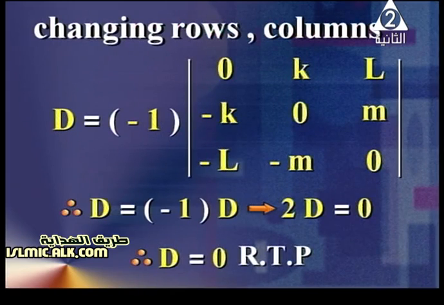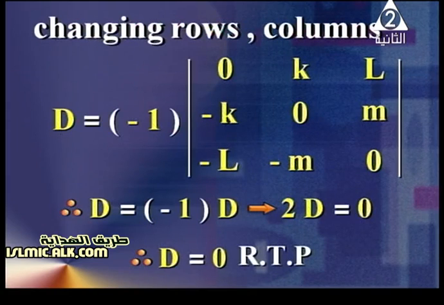Dear student, in this example, after taking negative 1 as the highest common factor, the determinant is 0, negative K, negative L, K, 0, negative M, L, M, and 0.